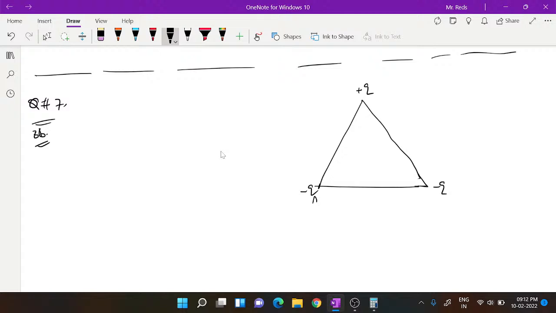Let us consider these as A, B, and C, of side length A. Then the resultant electric force on a charge plus q placed at the centroid. Centroid is nothing but the point of intersection of medians. This is one median, this is another median, and this is another median. The point of intersection of these medians is called the centroid.